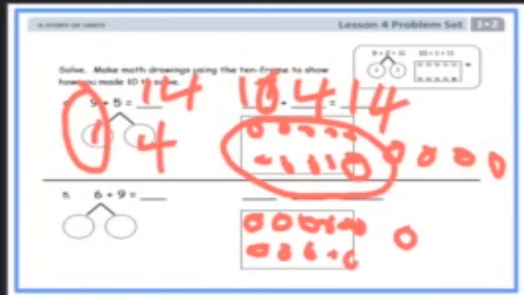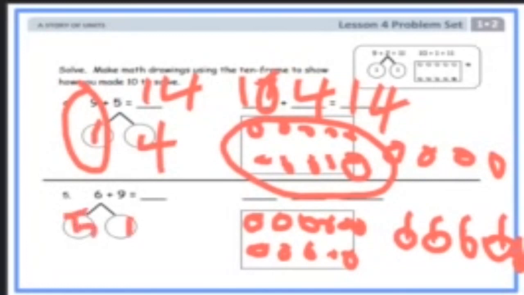So 1, 2, 3, 4, 5, and 6. Do you see that? So I have 10 inside and how many outside? 1, 2, 3, 4, 5. 5 outside. So 10, 5. See that? So 1 and 5 from my 6 to make 10 with the 9.